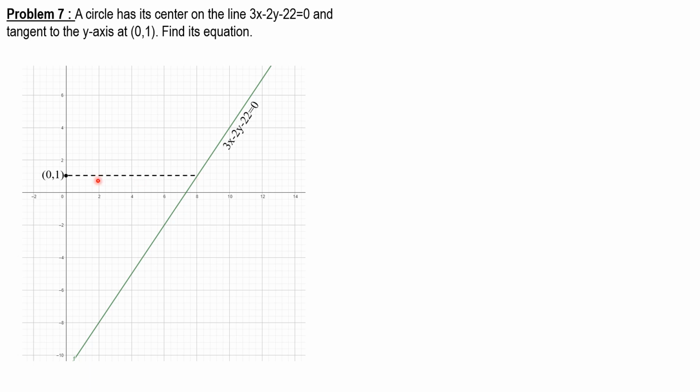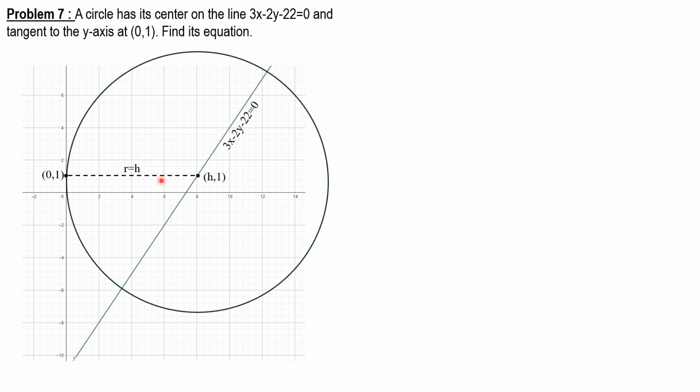The center is at (h, k), where k is 1, the same as this ordinate 1, and the x-coordinate h is also the radius of the circle. So that is (h, 1). That's r equals h, and this is the circle.